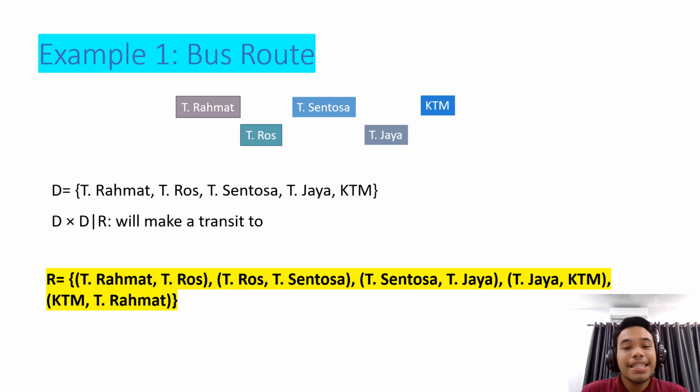Taman Ros will make a transit to Taman Sentosa. Taman Sentosa will make a transit to Taman Jaya. Taman Jaya will make a transit to KTM. And KTM will make a transit to Taman Rahmat.